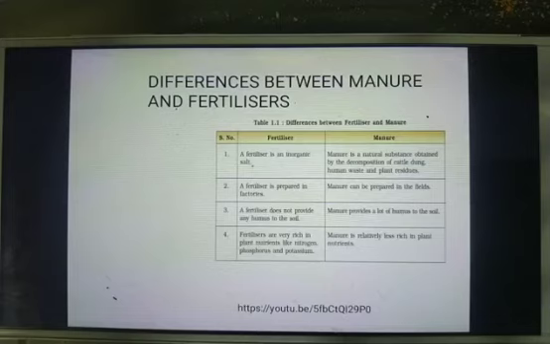Fertilizers are very rich in plant nutrients, whereas manure is relatively less rich in plant nutrients. So both of them have their advantages as well as disadvantages. Fertilizer is non-biodegradable, whereas manure is biodegradable. Fertilizer is fast in action, whereas manure is slow in action.